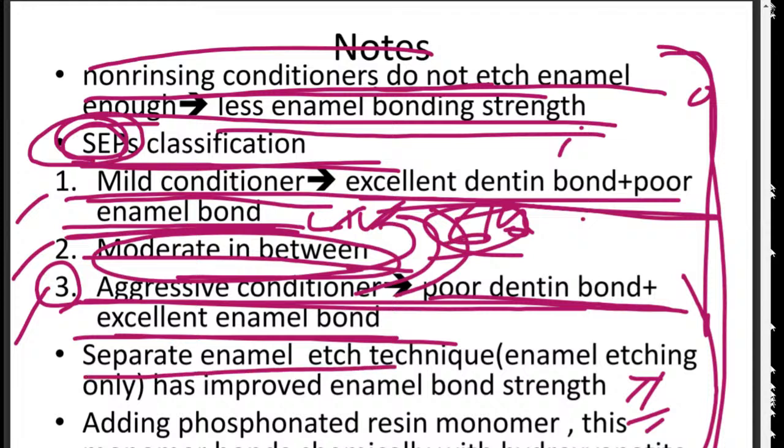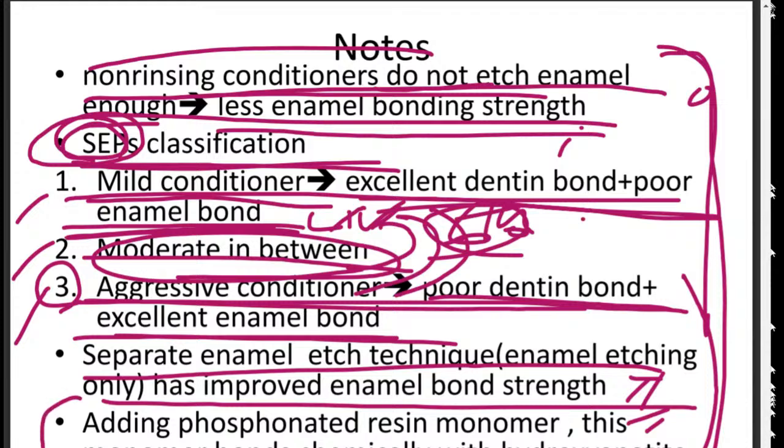Next we have the separate enamel etch technique. Enamel etching only has improved enamel bond strength. Last point, adding phosphonated resin monomer.